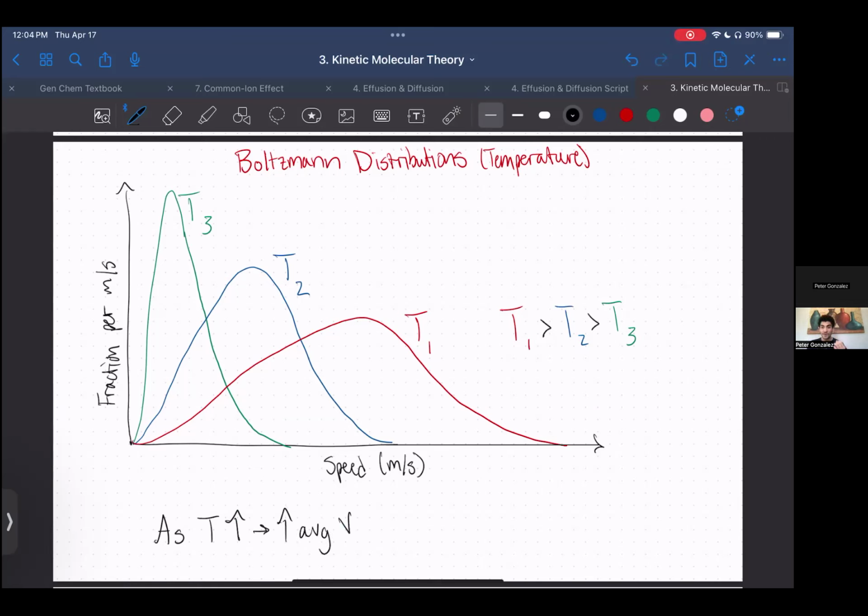And remember, when we're talking about velocity, because we assume that all the heat goes into kinetic energy, this therefore means that we also get an increase in the average kinetic energy. So nothing has changed about chemistry. If you heat something up, it moves faster and it has more energy. That's absolutely true. But what we're doing now is looking at the whole distribution.